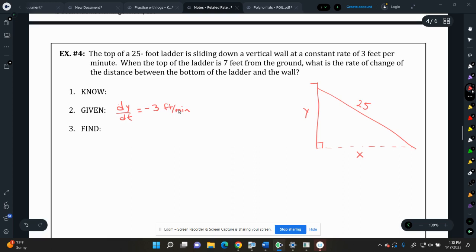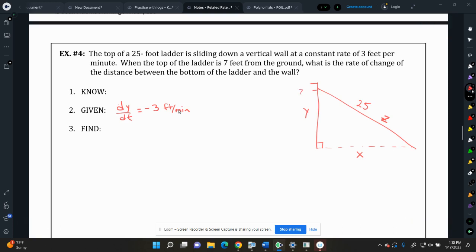When the top of the ladder is 7 feet from the ground, what is the rate of change of the distance between the bottom of the ladder and the wall? So we're going to call this z. When the ladder is 7 feet from the ground, so talking 7 feet here.